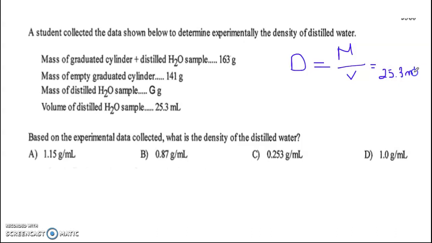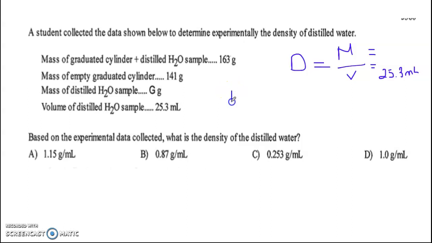I know this is volume because it says it, and I also know that volume can have units of milliliters. Now, we don't have the mass of the distilled water. However, we can determine it by subtracting the mass of the empty graduated cylinder from the mass of the graduated cylinder and distilled water.